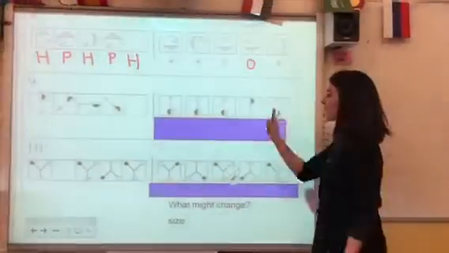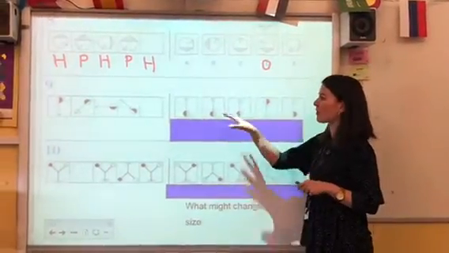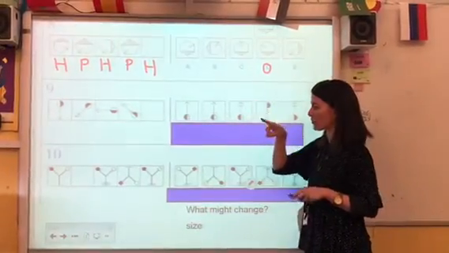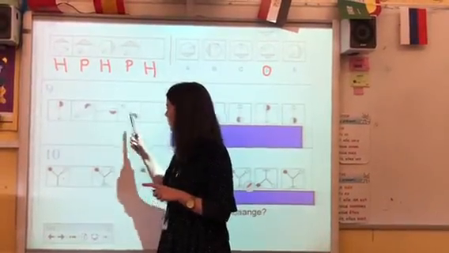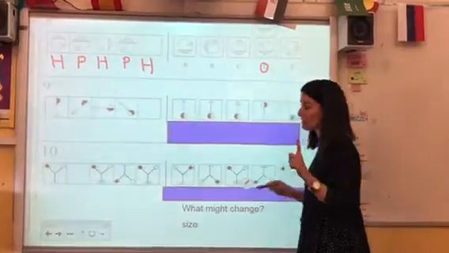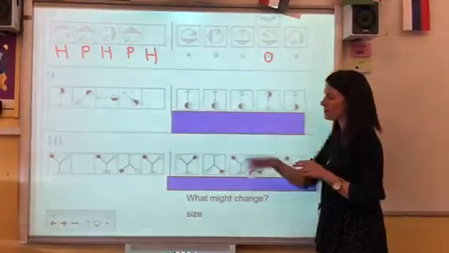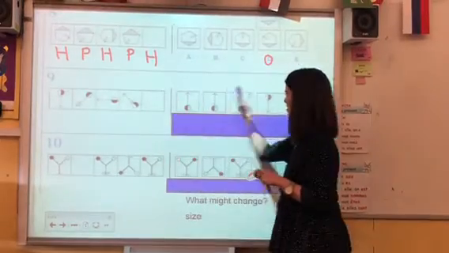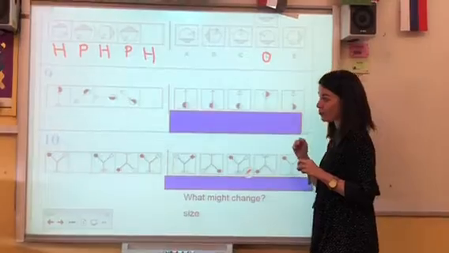Okay, so now we're going to look at number 9. With number 9, we've got this arrow shape with this circle on the top, and also if you look closely you can see we've got lines on some of our arrows as well in different positions. So what we're going to do is see if we can narrow down what the possible next figure might be from these ones here. You might have noticed something about the position of the arrows already.